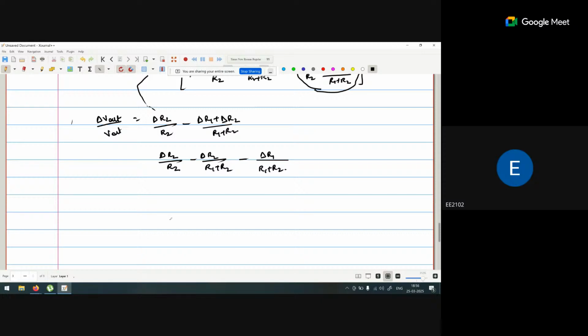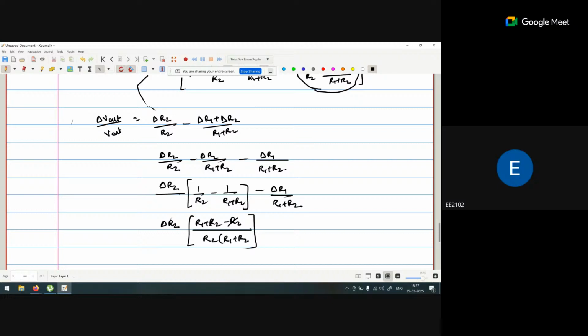So what should I do? I take common delta R2 and take the LCM, so this is R2, R1, and delta R1 upon R2.